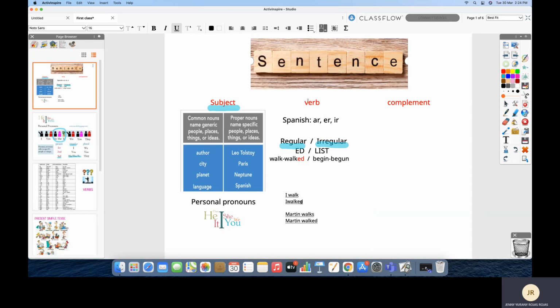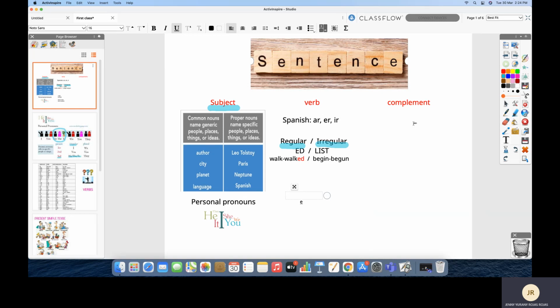Entonces recuerden, hay dos clases de verbos, los regulares, los irregulares. Los irregulares por lo general los voy a encontrar en una lista de verbos. Y el ejemplo que veíamos en la página anterior, begin, began. Okay? So, one important thing is that you can recognize this structure in this order.